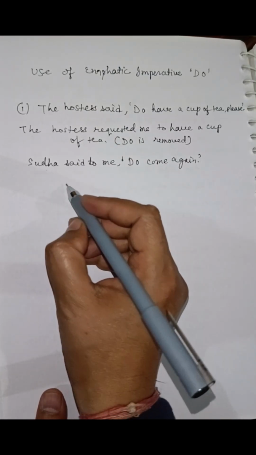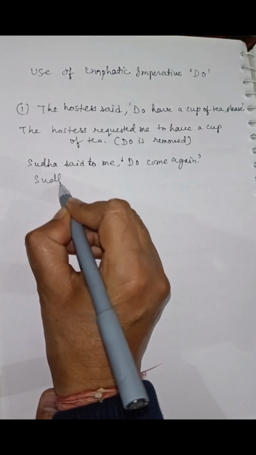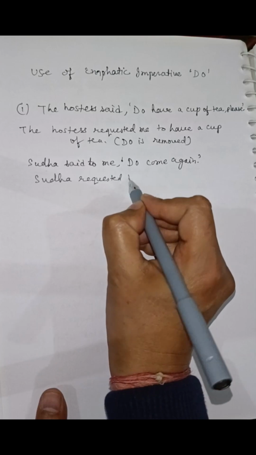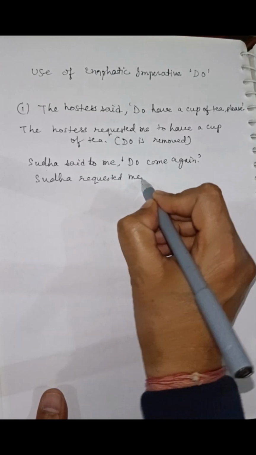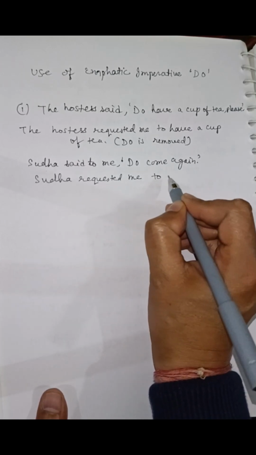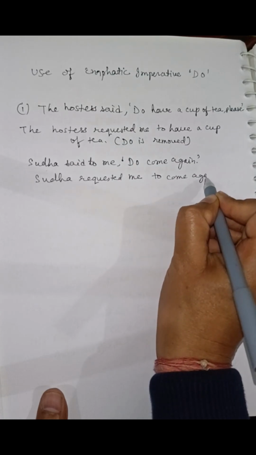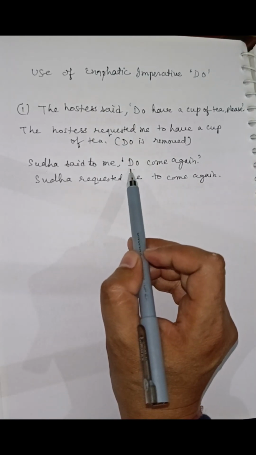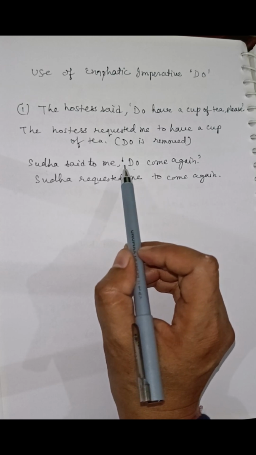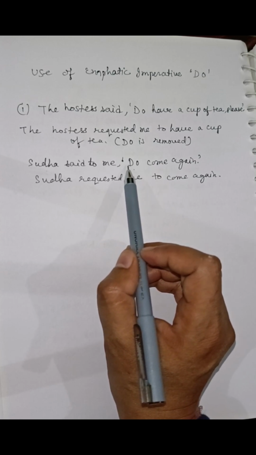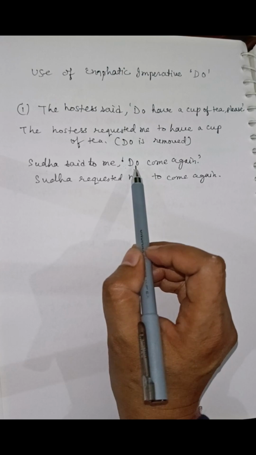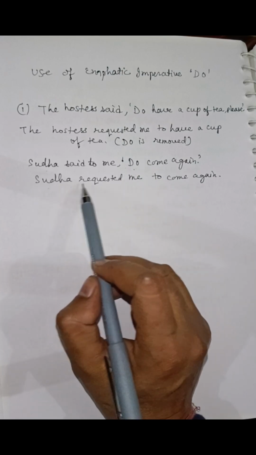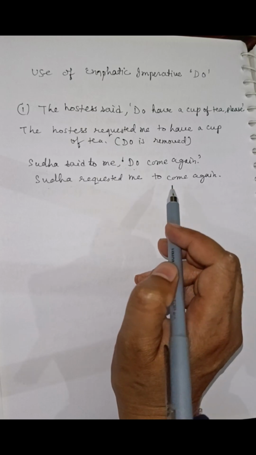Sudha requested me to come again. So remember, we are not supposed to use "do" when we change a case of emphatic imperative into indirect speech. Sudha requested me to come again.